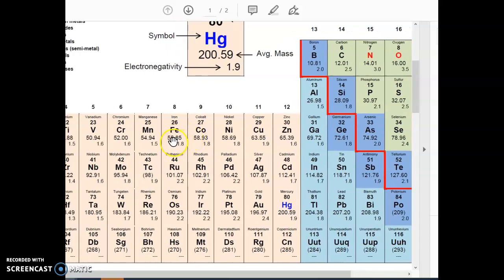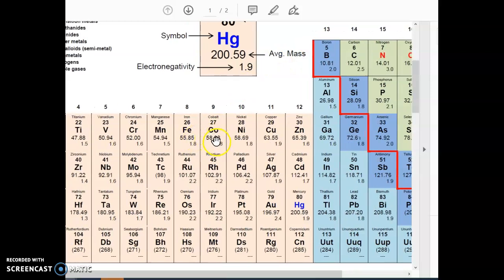Cobalt is showing an atomic number of 58.93. Sorry, an atomic mass. So this is actually an average mass. This is an average mass of all the natural isotopes for cobalt, but also considering the percentage that each exists in.